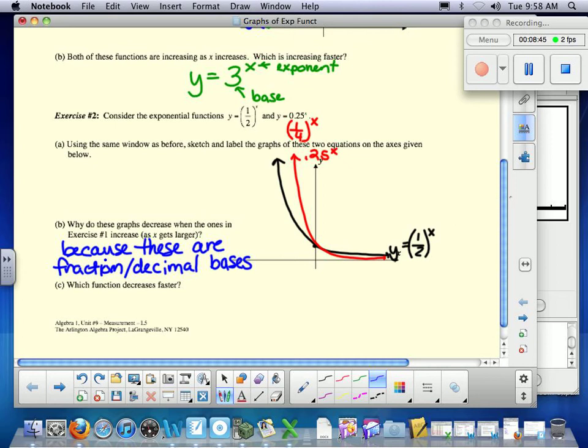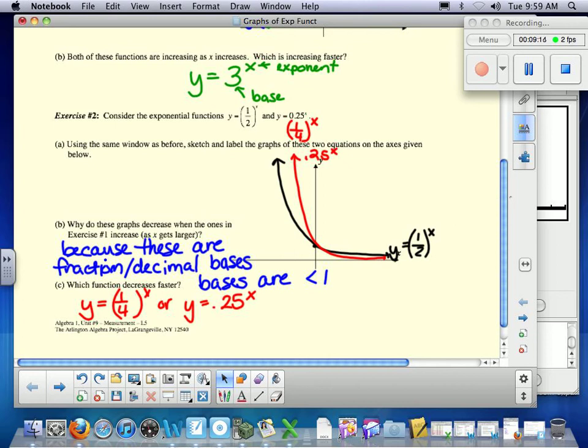Or as Angelina said, the bases are less than 1. Which function decreases faster? And it was our red. So that smaller fraction actually decreases faster. 1/4 is smaller than 1/2.